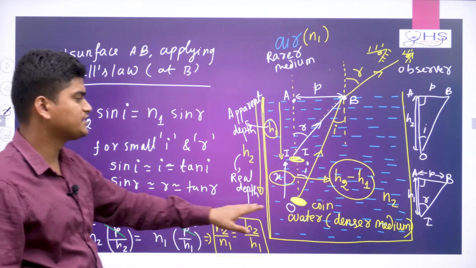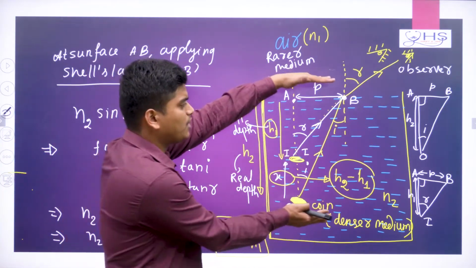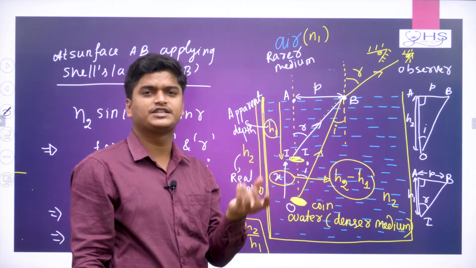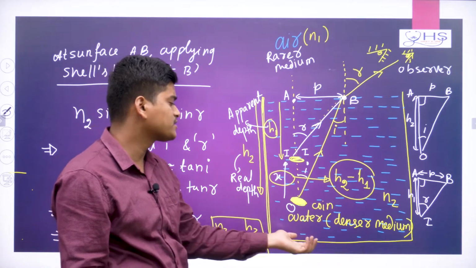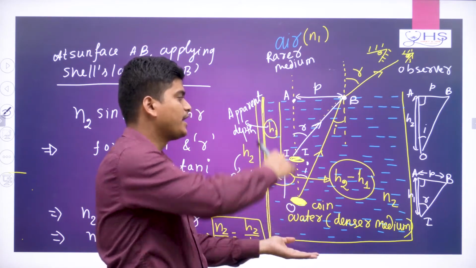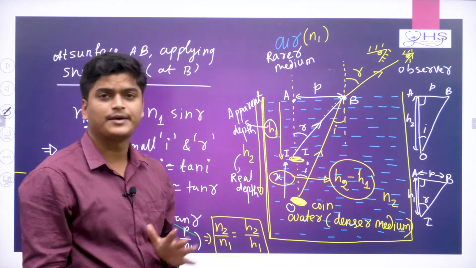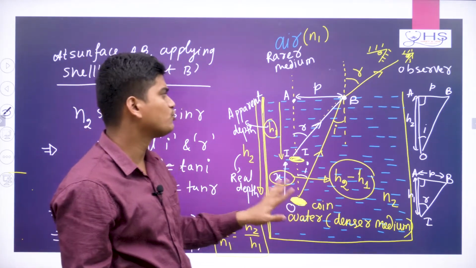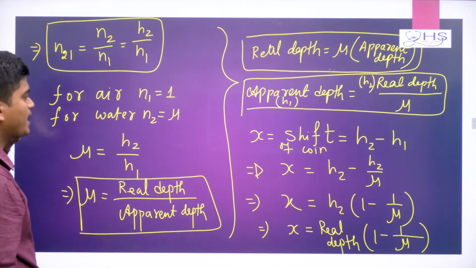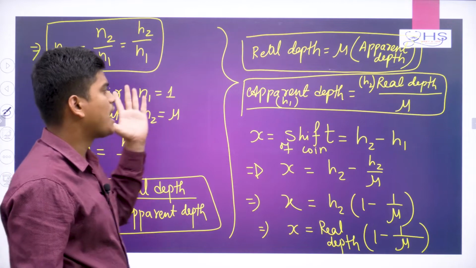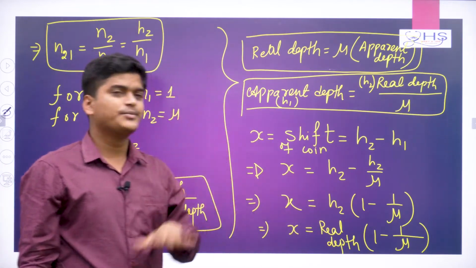Sometimes instead of water you can have a glass slab, and at the bottom some spot, an ink spot, red or black color, they can ask. If you know the refractive index and the real depth, then automatically you can find the apparent depth, and you know their relations also. So this is all our idea about refractive index, apparent depth, real depth, and shifting of coin.